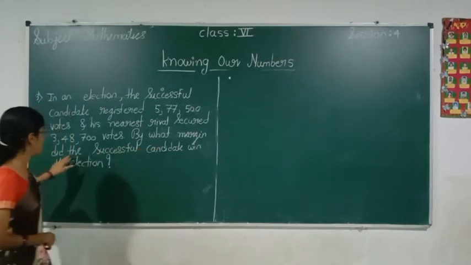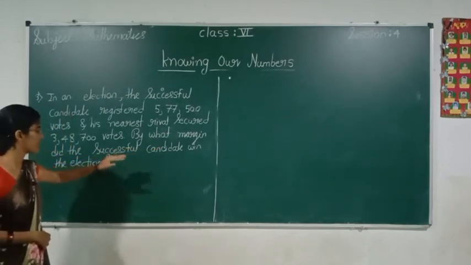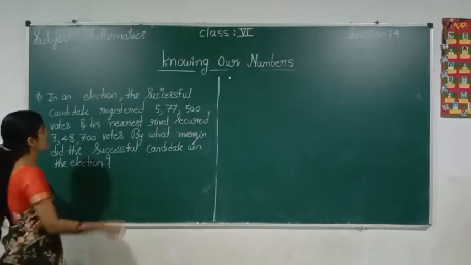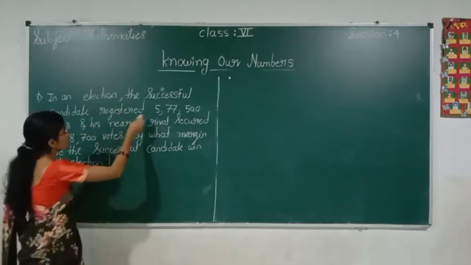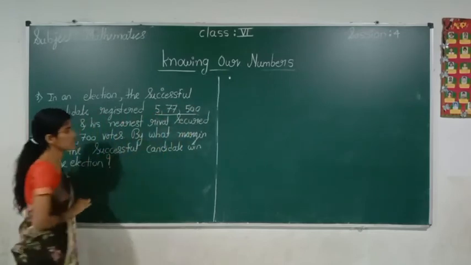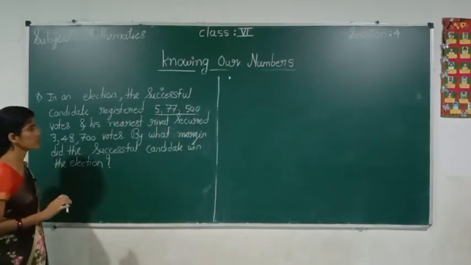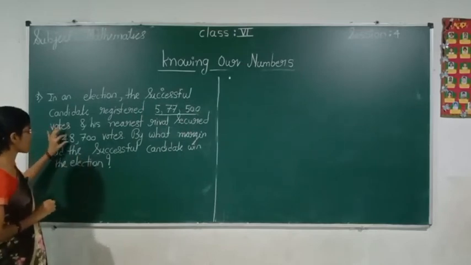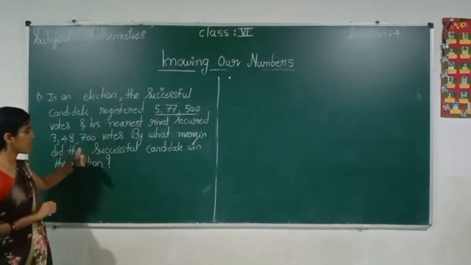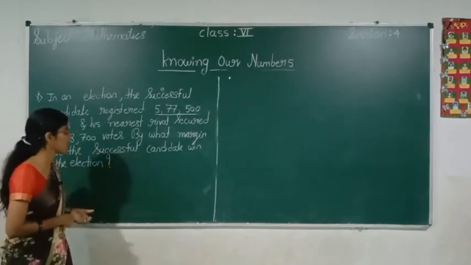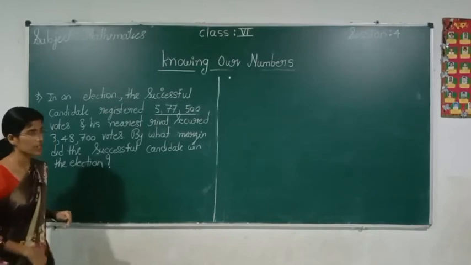By what margin did the successful candidate win the election? Means, see here, the successful candidate registered this many votes, that is 5,77,500, and the nearest rival scored 3,48,700 votes. We have to say by how many votes the successful candidate won the election.